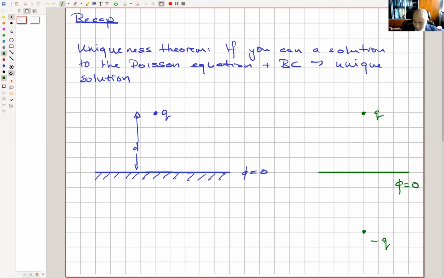And so by virtue of the uniqueness theorem, I know that if I find a solution to the green one on the right, then the solution must also apply to the blue one, because they solve the Poisson equation and they satisfy the boundary condition.